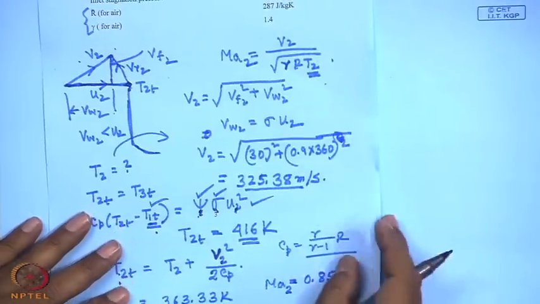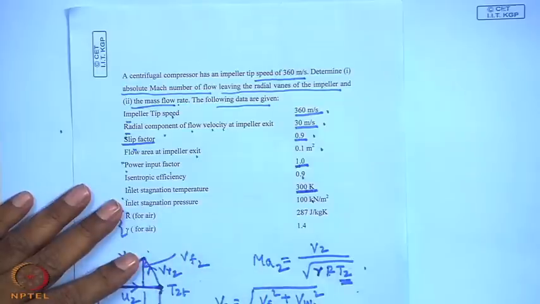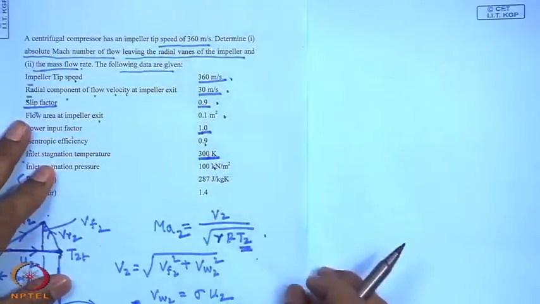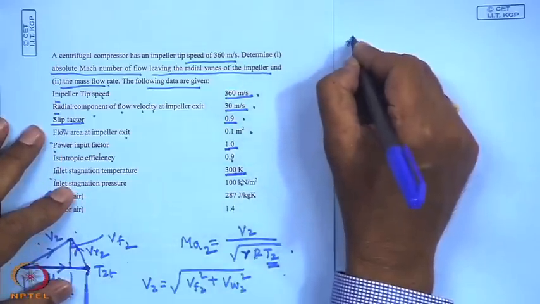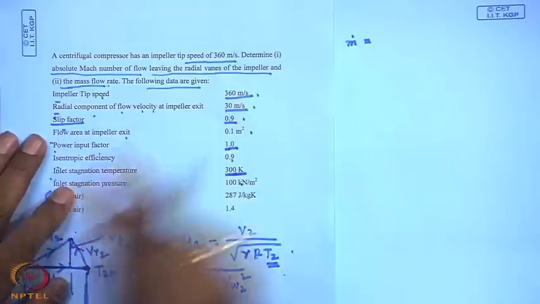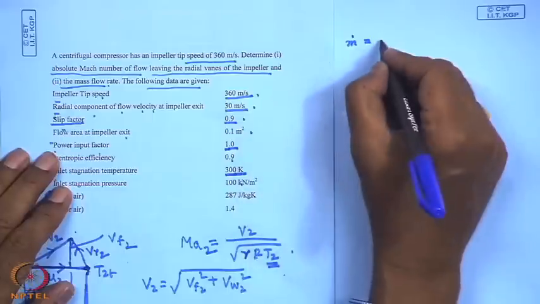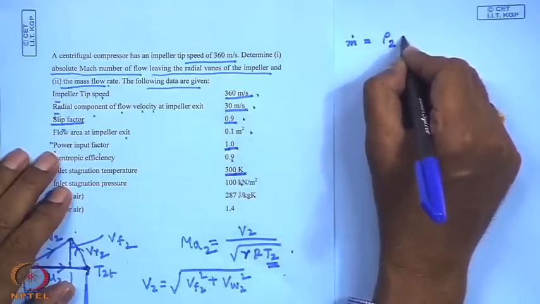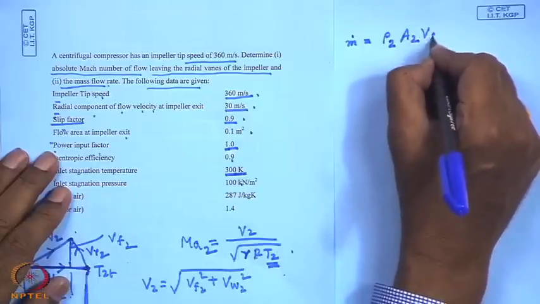All right. Now, the next is to find out the mass flow rate. How to find out the mass flow rate? Let me keep it here so that you can see it. Mass flow rate is the same throughout the machine. Let us write the mass flow rate based on the condition at the outlet of the impeller: rho 2, A2 and the flow velocity.